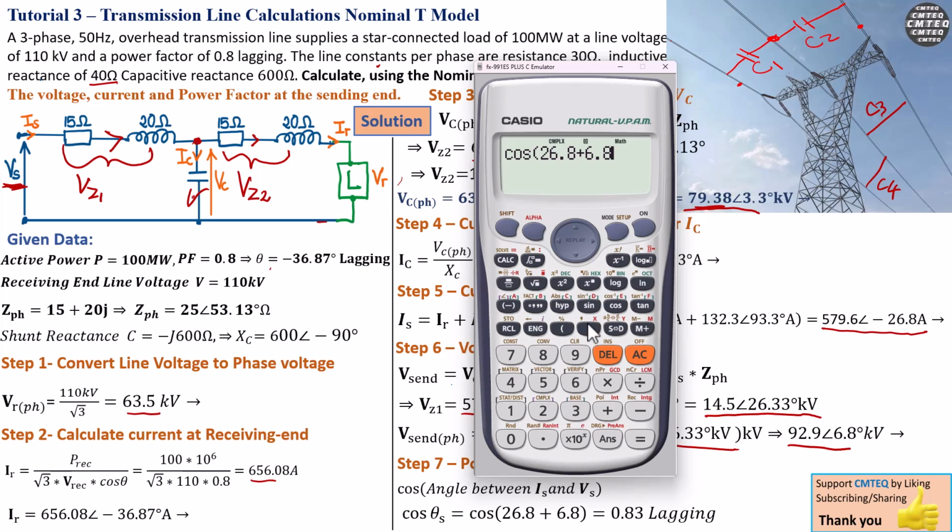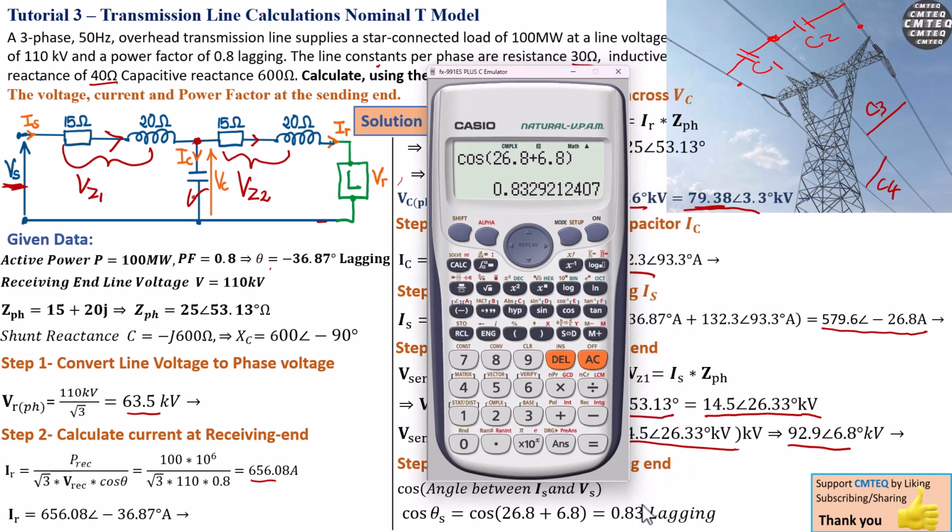You close your bracket, equal, then you're going to find 0.83. Now this is the power factor which is lagging at the sending end of the line. Now from here, like I've said earlier, you can get the power at the sending end and get the efficiencies. You already know what is the power at the receiving end, 100 megawatt.